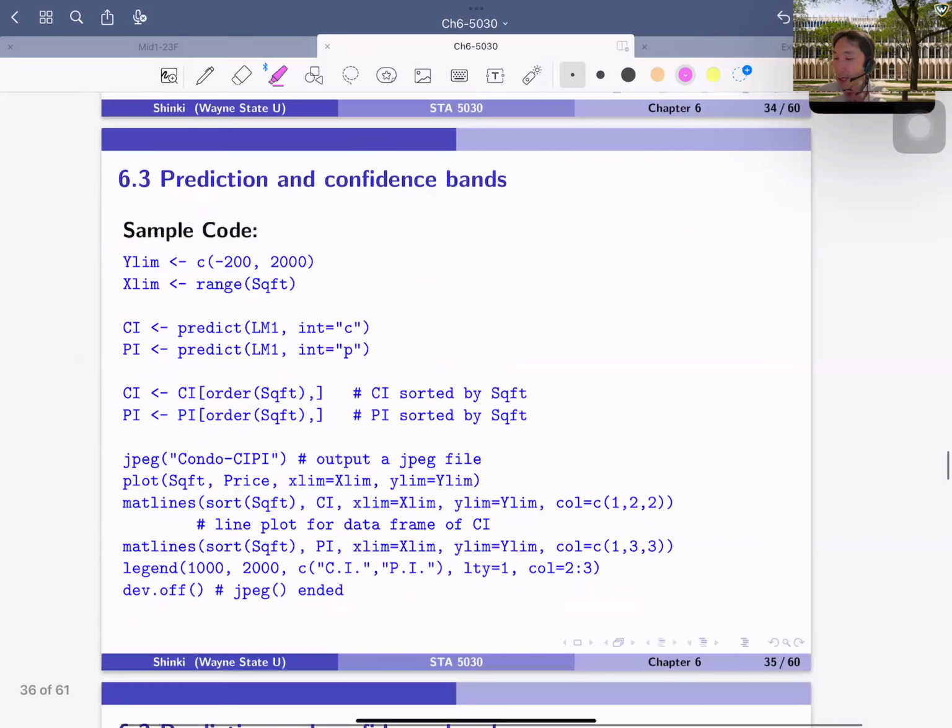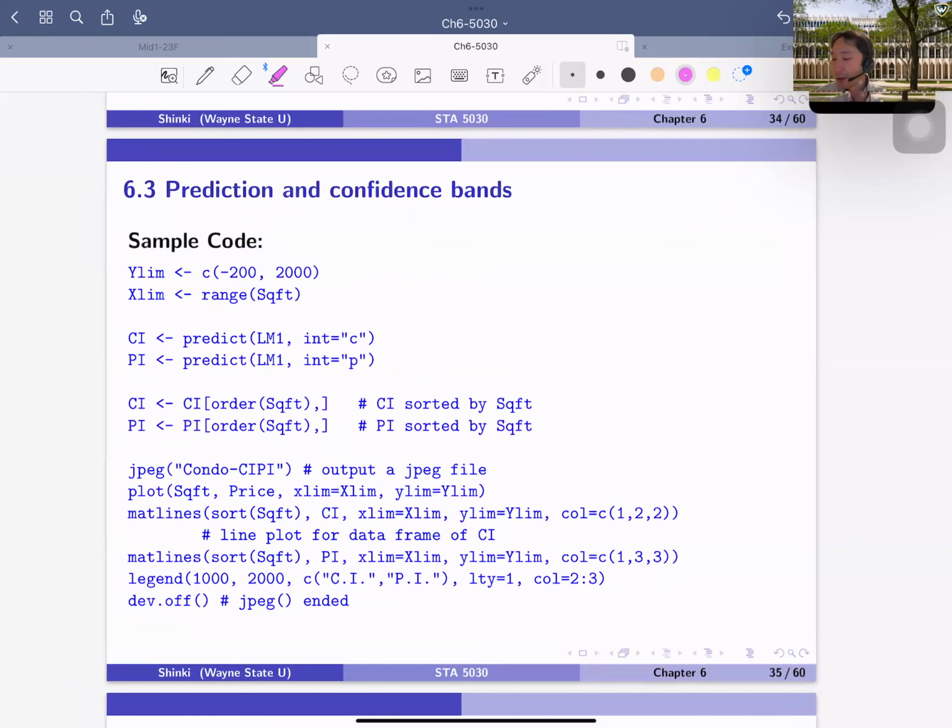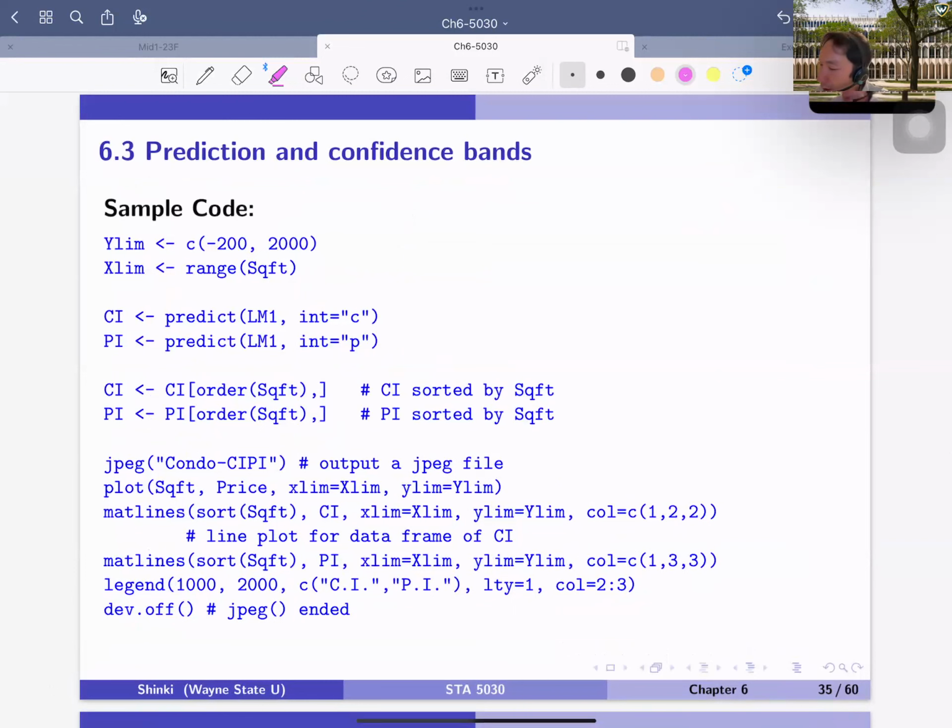Yeah, and this is the sample code for the previous figure. It has some non-trivial features, so I want to discuss it. At first, we set the x limit and y limit, and that's fine. For the confidence band and prediction band, of course we can calculate from scratch, but we can actually use the predict function of the lm object and specify interval equal to "c" for confidence and "p" for prediction.